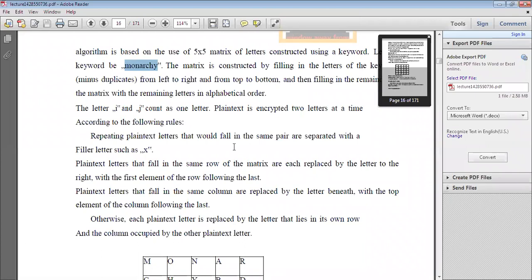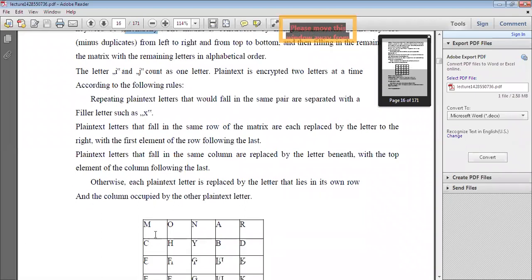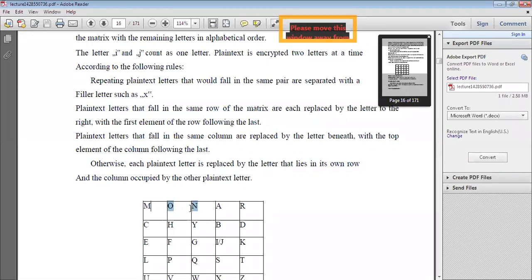Now that key must be arranged into a 5 by 5 matrix. Why a 5 by 5 matrix? The alphabet has 26 letters. Out of 26, you consider only 25 letters, except J. So out of the 26 letters, except J, the remaining 25 letters are considered as a 5 by 5 matrix.